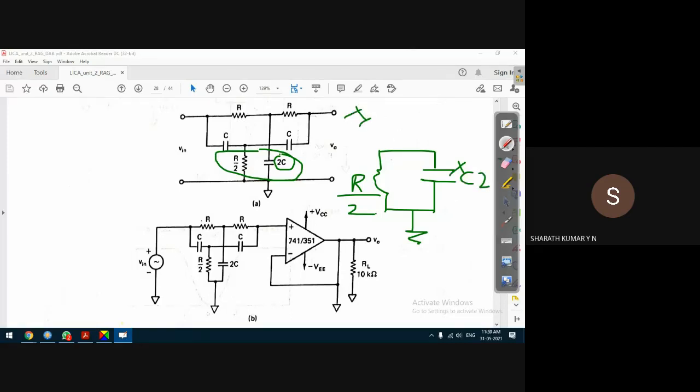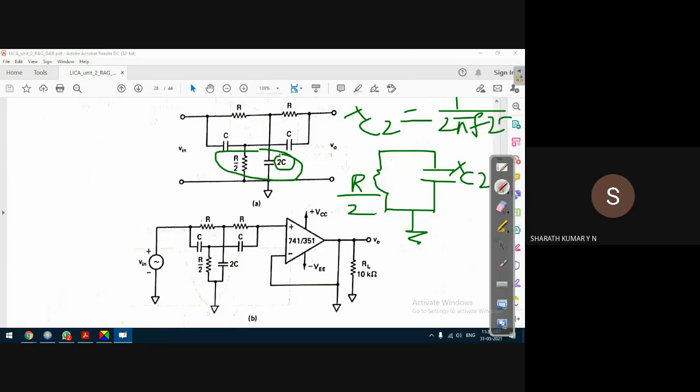This XC2 depends on 1 by 2 pi f 2C, that means capacitance is larger. If capacitance is larger, impedance is smaller. So for larger value of capacitance, the impedance is smaller, and hence it acts as a short circuit.